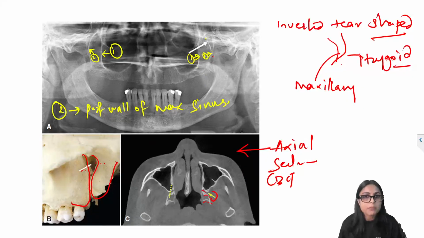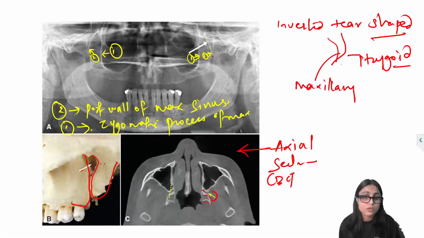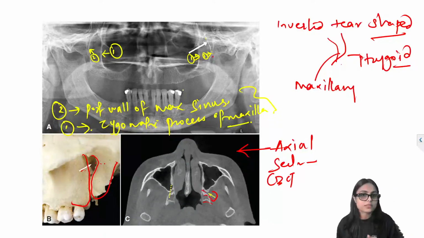And the structure which I have marked as number one is nothing but the zygomatic process of maxilla. So please remember these two landmarks. You can get confused between these two, the two radiopaque lines beside the pterygomaxillary fissure. Please remember this.